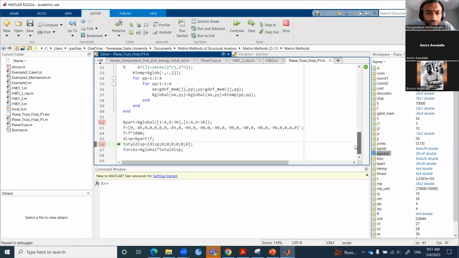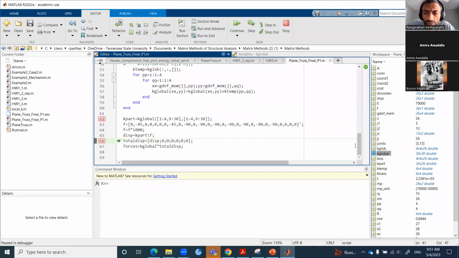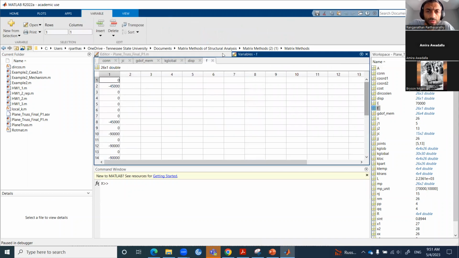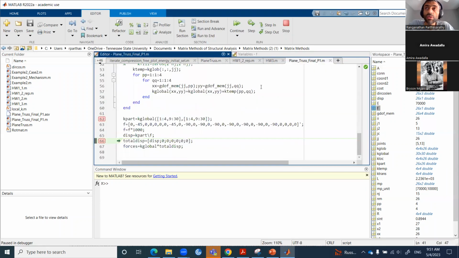And forces are, yeah, forces are okay. So displacement should come out in millimeter. Okay, so that is correct. Those are okay.